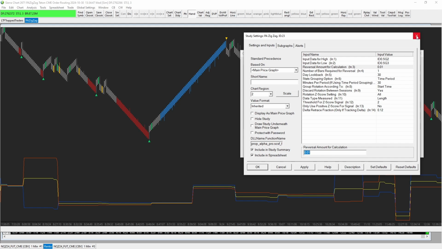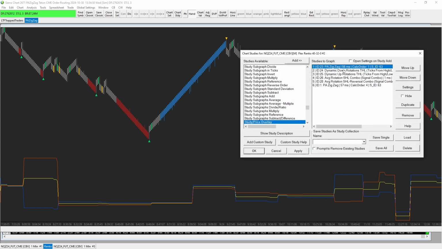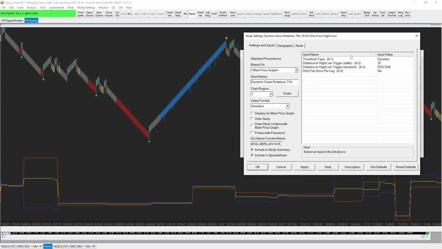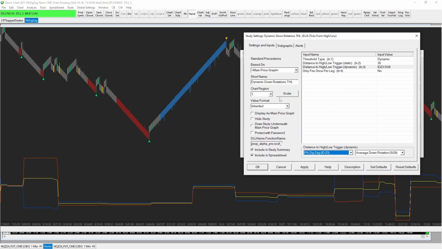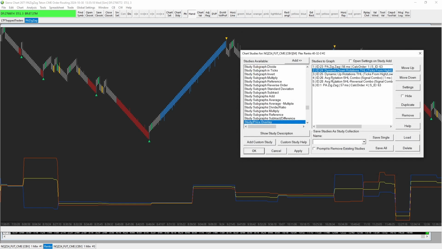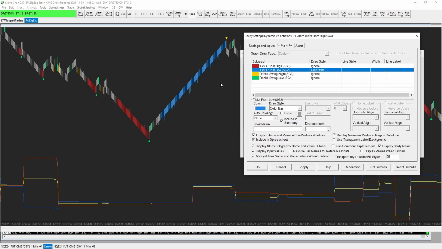So in any case, we use these values and we pipe them into dynamic up and down rotations. We're using the average down rotation, and this one is going to trigger a red. This red ticks from the high when you're in a down rotation, and you're looking from the previous high once you go past whatever the current average down rotation is. And then the dynamic up rotation is this blue one.